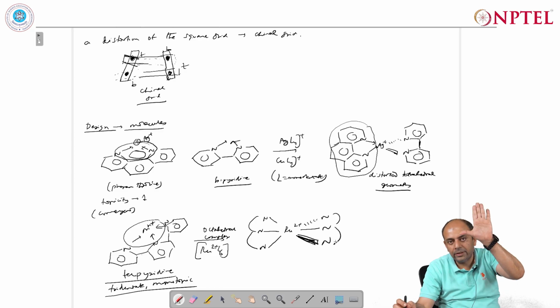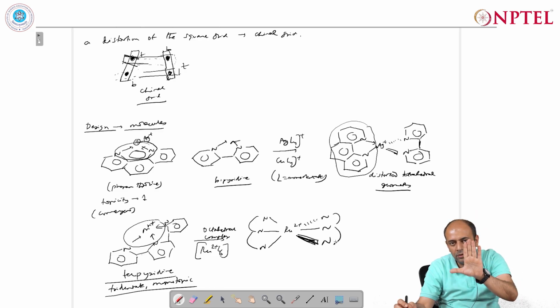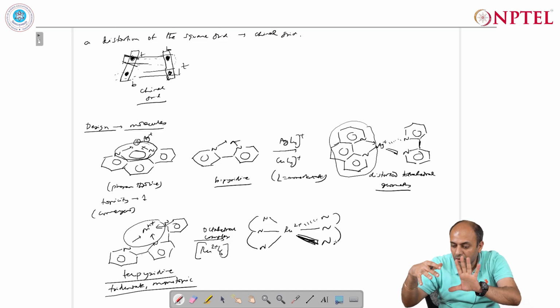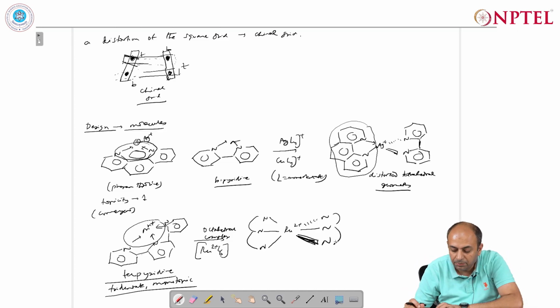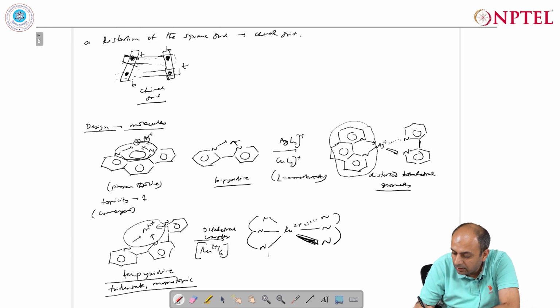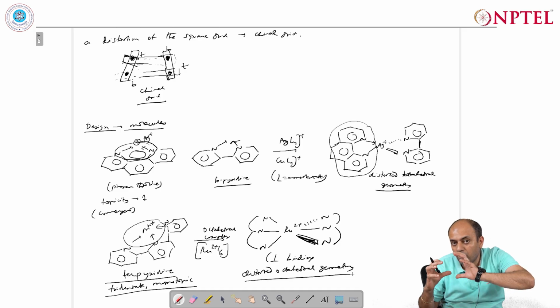So again, this tridentate ligand is in this particular orientation. The other one comes perpendicular and forms this particular metal ligand complex, which has got the ligands in specific binding environment. So this is again the perpendicular binding, and this perpendicular binding gives rise to the distorted octahedral geometry. Again, a very specific mode of recognition.